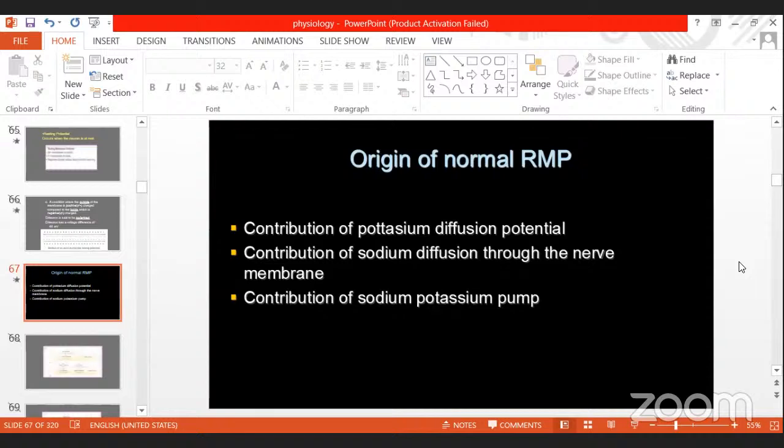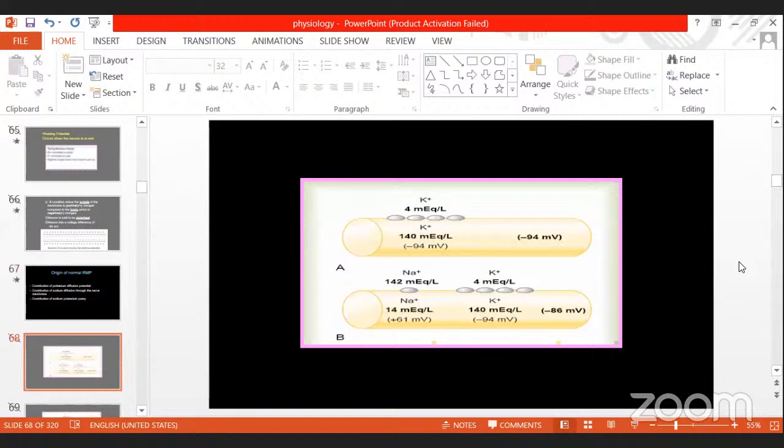The resting membrane potential is contributed by potassium diffusion potential, sodium diffusion potential, and the sodium potassium pump. For the diffusion potential, potassium outside is 4 milliequivalents and potassium inside is 140 milliequivalents.